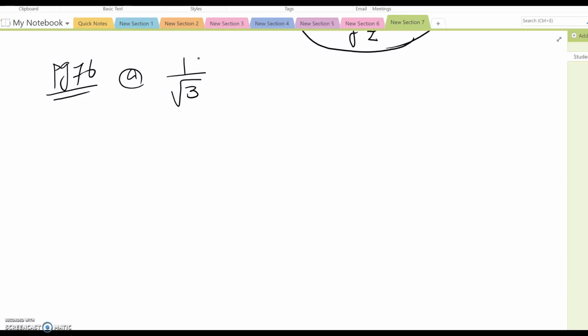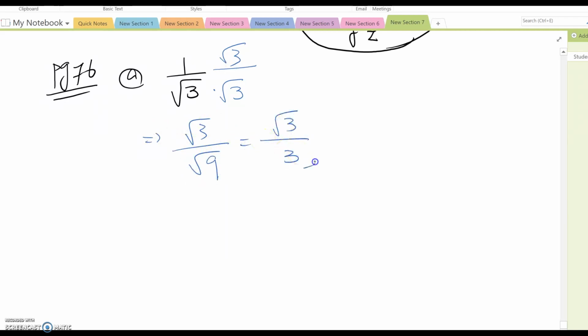So we need to rationalize. This is square root 3. Then what do we have to multiply so it becomes a rational 3? If you think root 3, then that is correct. Then this becomes root 3 over root 9, so root 3 over 3. That should be the answer.